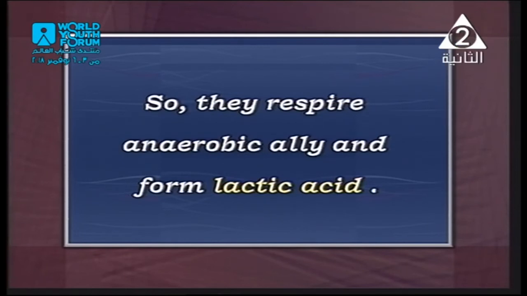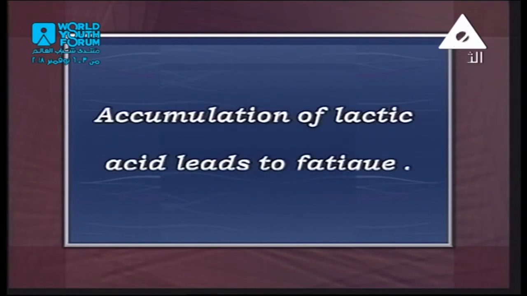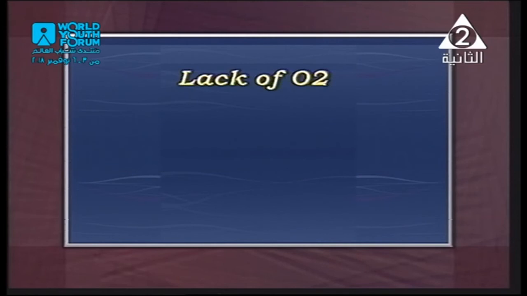We have a difference between aerobic respiration and anaerobic respiration. Aerobic respiration is in the presence of oxygen, anaerobic is in the absence of oxygen. So there is no oxygen right now. They respire anaerobically and form lactic acid. The accumulation of lactic acid causes fatigue.